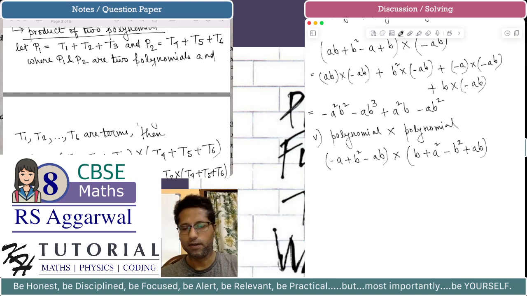You can do it 2 ways. The one way is that you find the product of the left polynomial with each term of the right hand polynomial, and then you add the results.